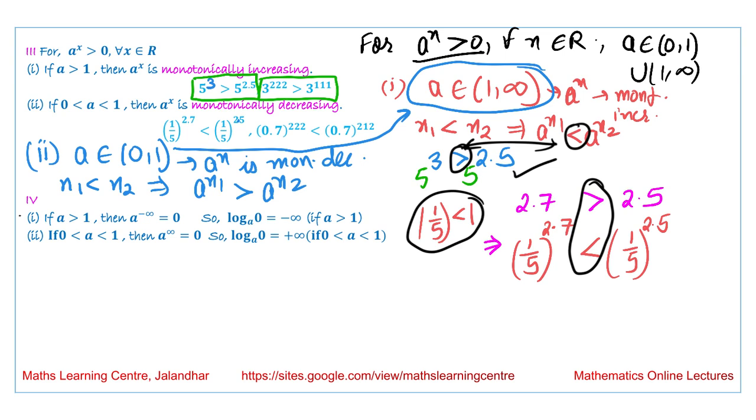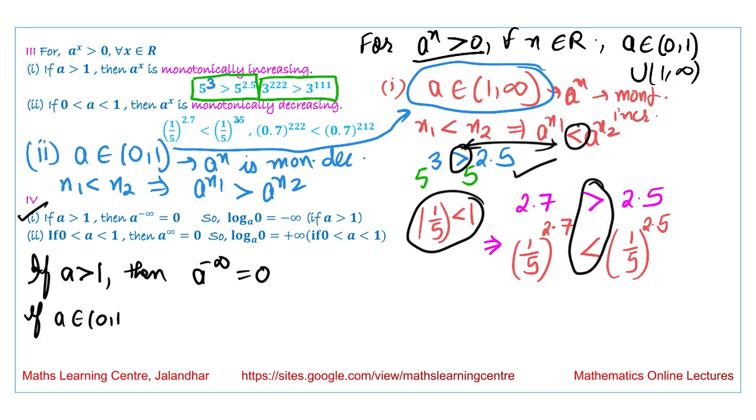The next property: if a is greater than 1, then a raised to the power minus infinity is equal to 0, and if a belongs to the interval 0 to 1, then a raised to the power infinity is 0.